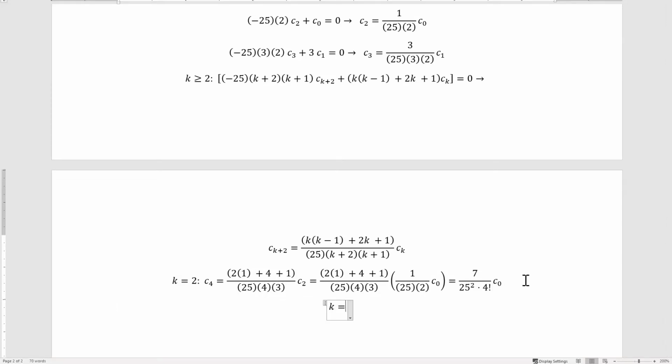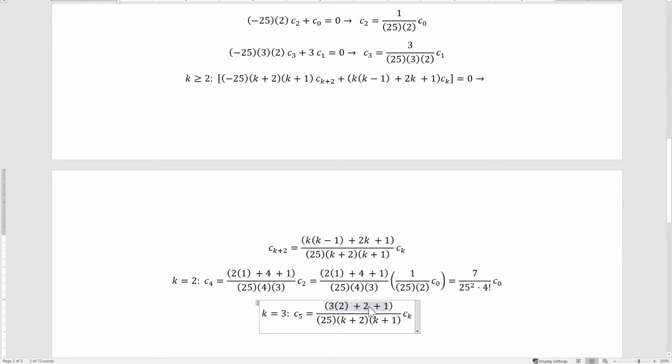How about when k is equal to 3? Let's take that expression that we have again. This is our relationship when k is bigger than or equal to 2. So we'll put 3 in here. 3 plus 2 is 5. So we have 3. 3 minus 1 is 2.